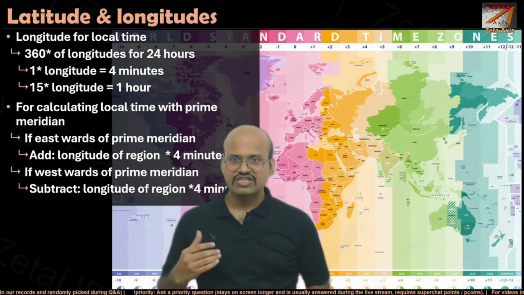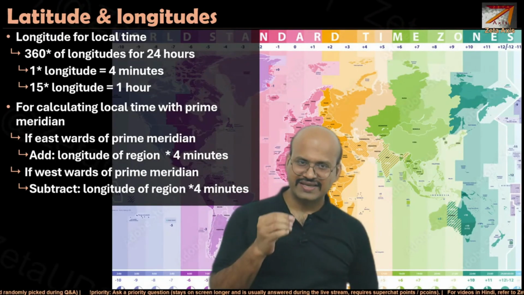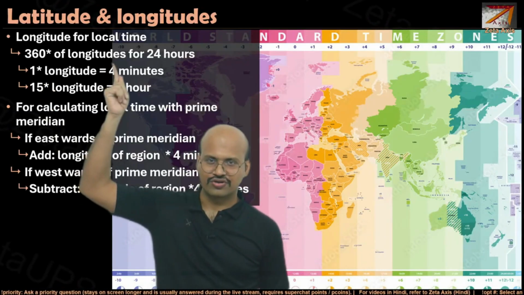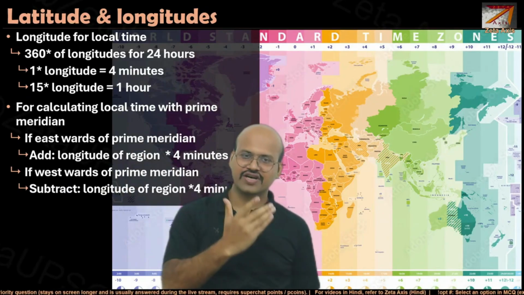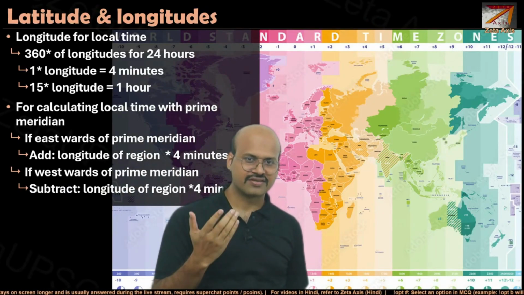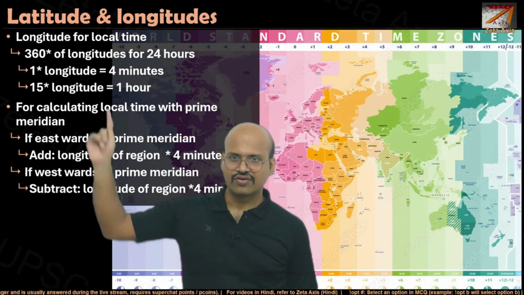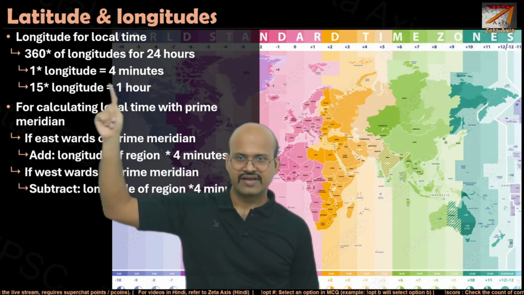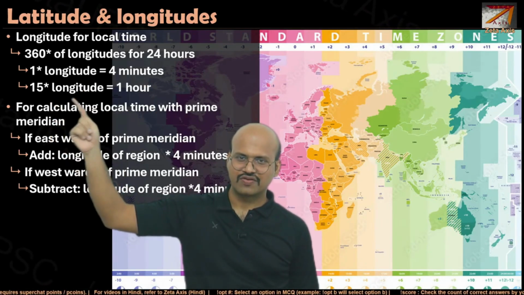Now, these longitudes are used for calculating regional time. We know that 360 degree of longitude means 24 hours because our earth rotates on its axis in 24 hours. Therefore, 1 degree longitude is equal to 4 minutes and 15 degree longitude is equal to 1 hour.